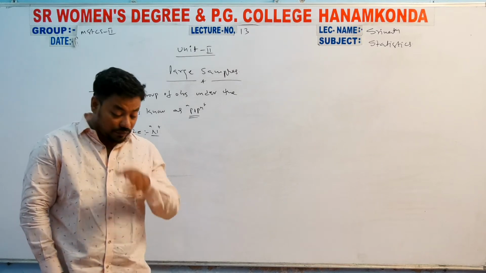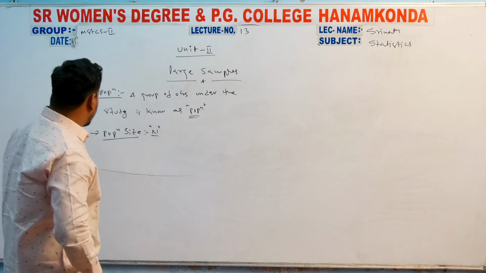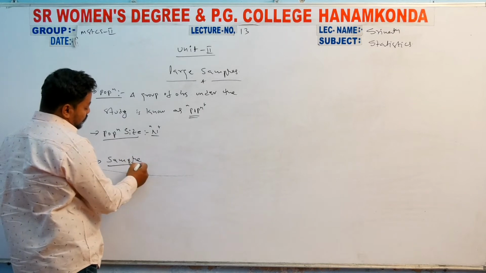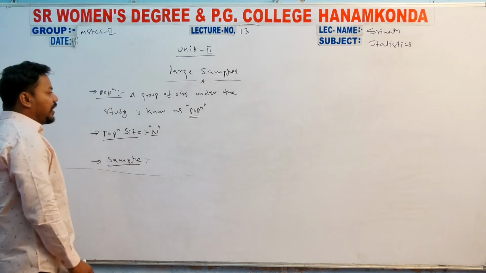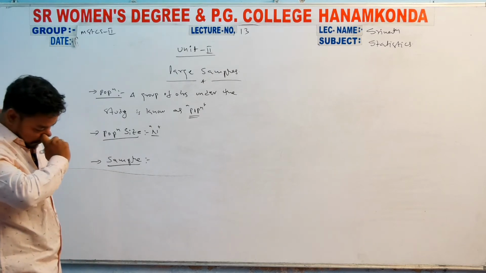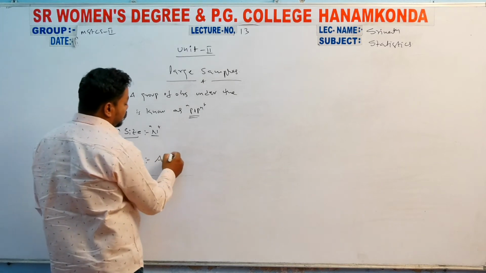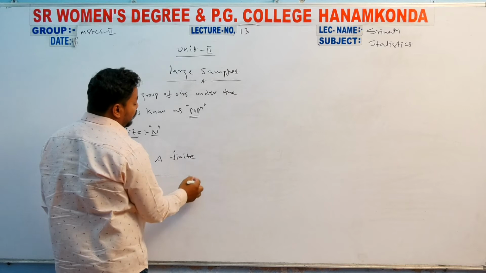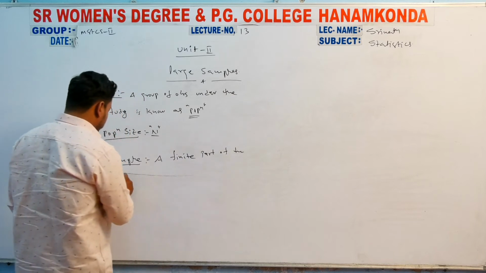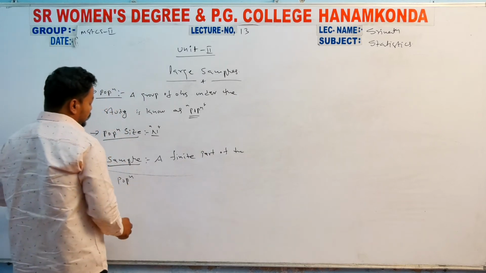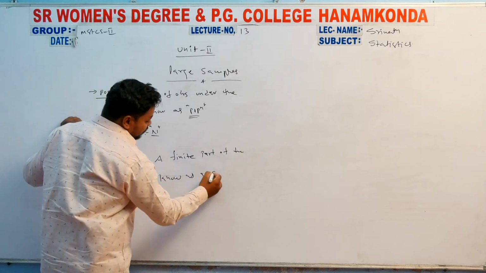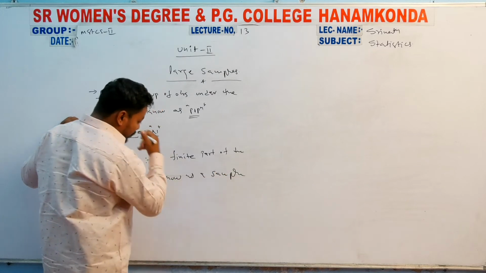And a sample: a finite part of the population is known as a sample.